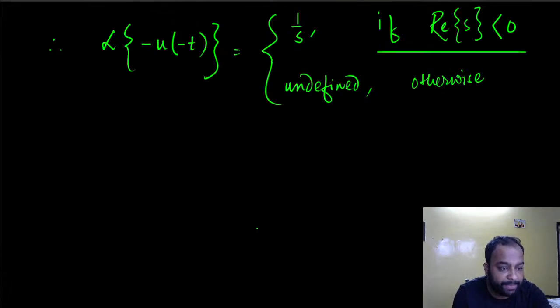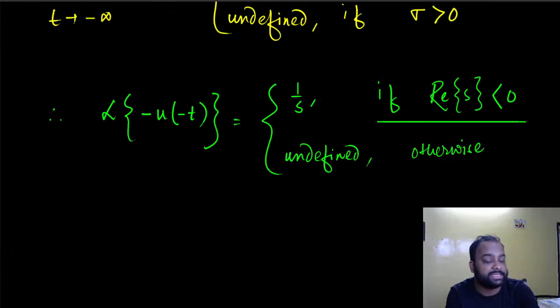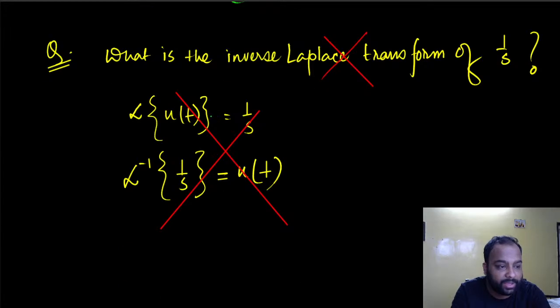And as such, the Laplace transform of minus u of minus t is also 1 by s if the real part of s is considered to be negative. So now let's get back to the question that I asked you earlier. So this question itself was wrong, right?